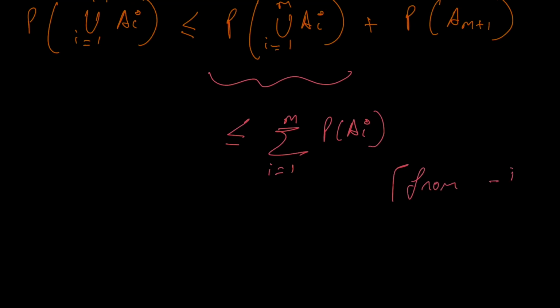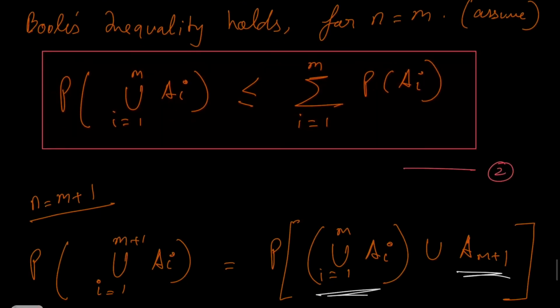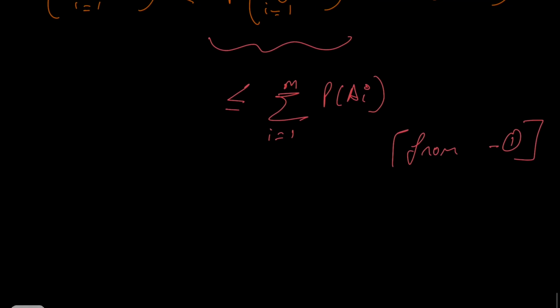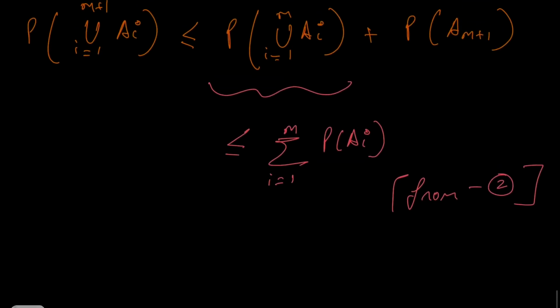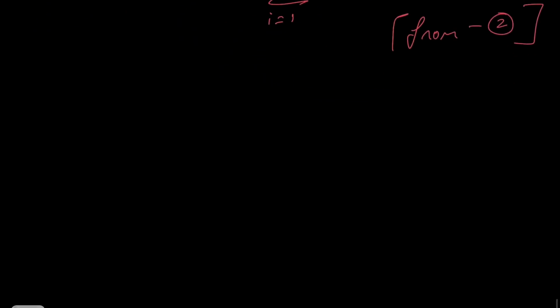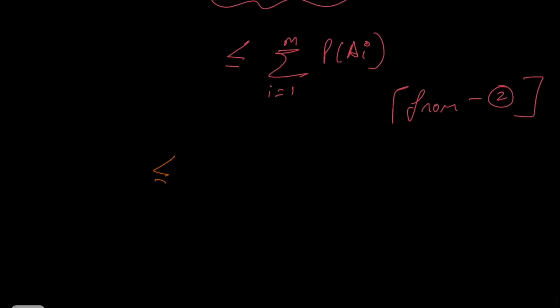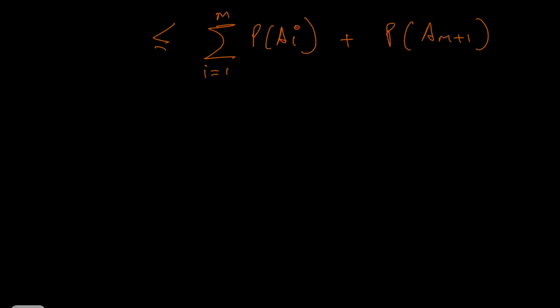Yes, so we are using this one. So we can ultimately write it as further less than or equal to summation i equal to 1 to m P of Ai plus P of Am plus 1, which is nothing but summation i equal to 1 to m plus 1 P of Ai.